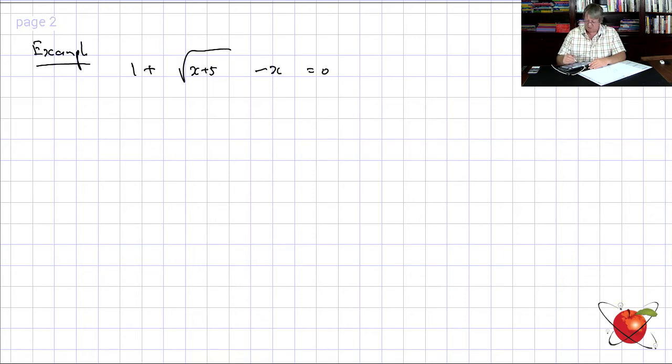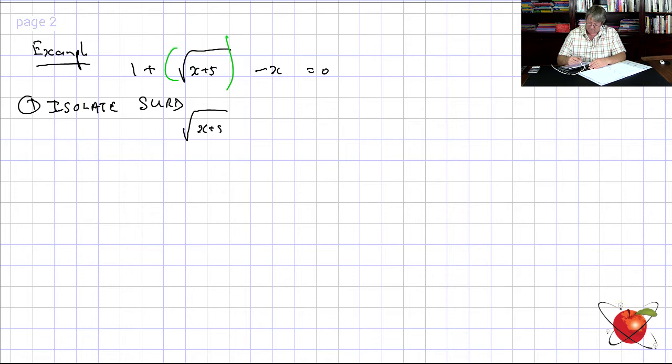First of all, we get everything to the right-hand side. So step 1, isolate the surd. Let's put it in green again. We just want that on its own. Then root of x plus 5 is going to be equal to x minus 1.